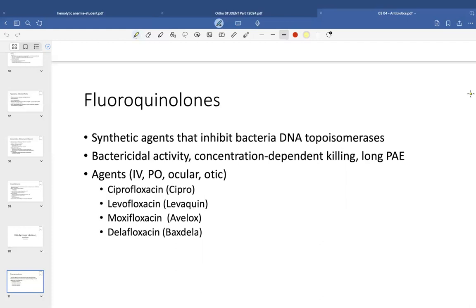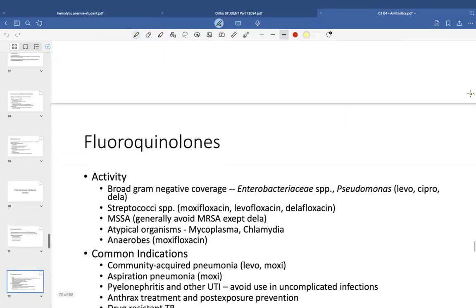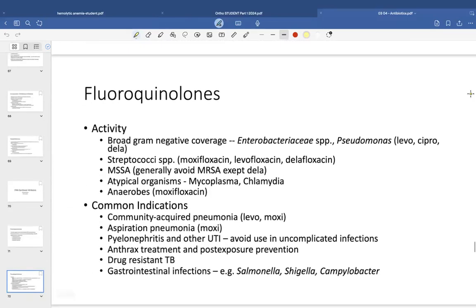But with that being said, they are helpful for a number of infections: gram negatives, including Pseudomonas, strep, methicillin sensitive staph. MRSA tends to confer some resistance to fluoroquinolones.